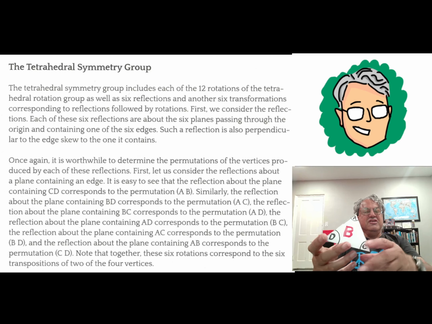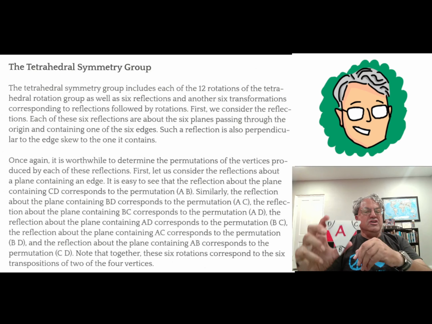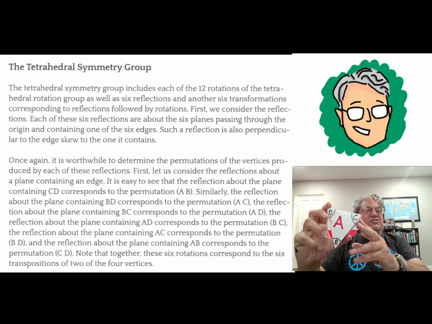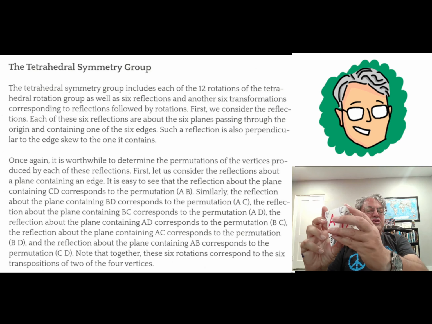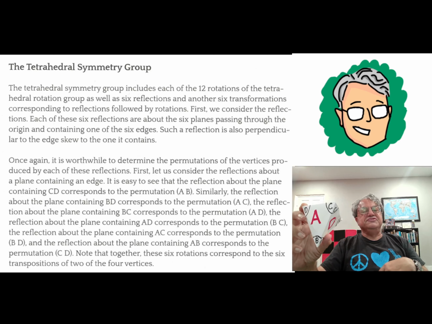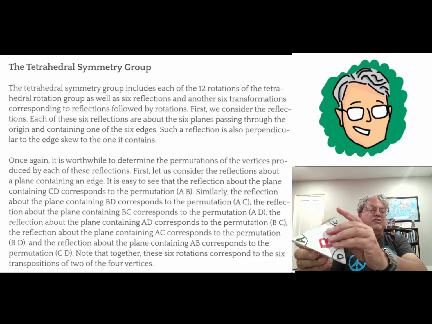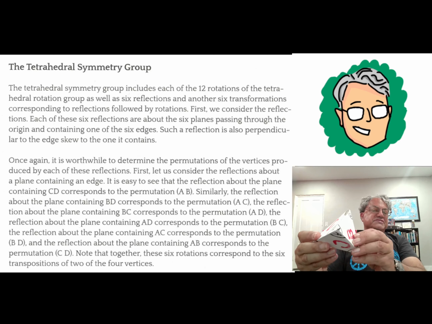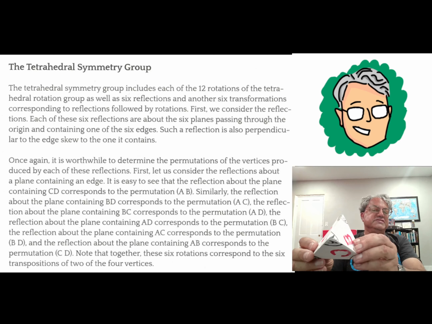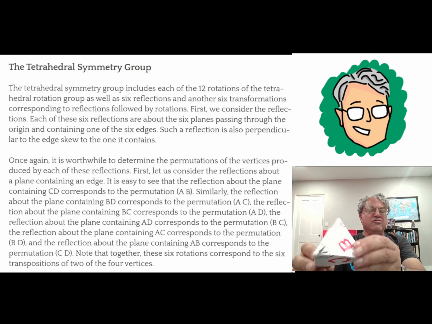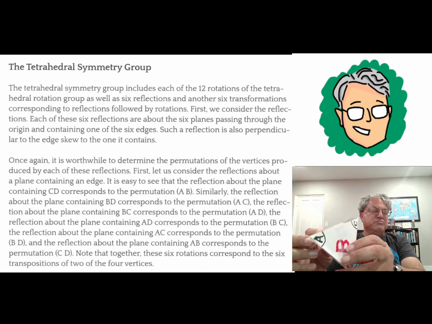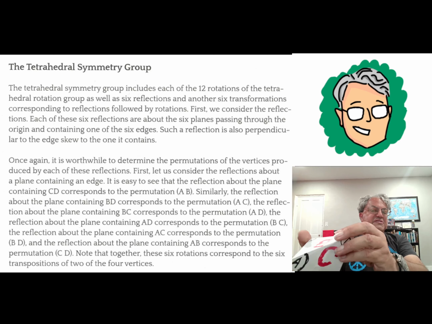So, for instance, maybe it's easier to start with a vertex. Let's look at the vertex A. If we rotate 120 degrees clockwise, you can see that it's permuting the faces B, C, and D. It leaves A alone. So B goes to C, C goes to D, and D goes to B.